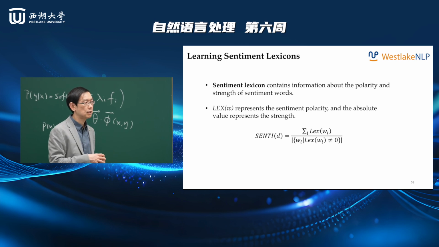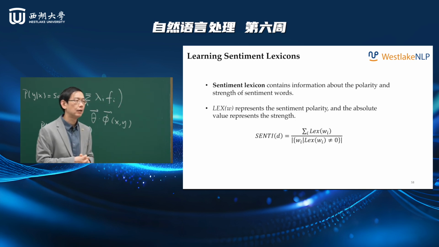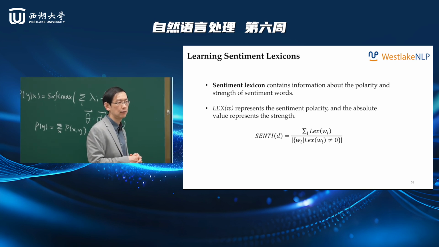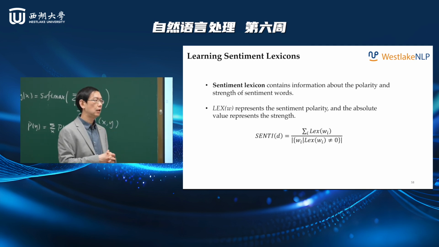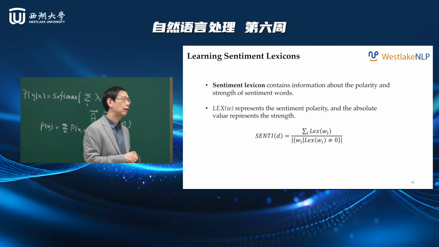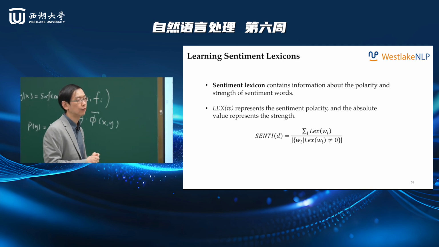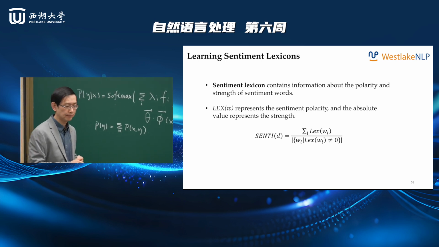So positive means this is a positive word, such as good. And a negative value means this is a negative word, such as bad, okay? And the absolute value for disaster could be larger than for bad, and the absolute value for fantastic can be larger than that for good, okay? So that's the idea of a sentiment lexicon.